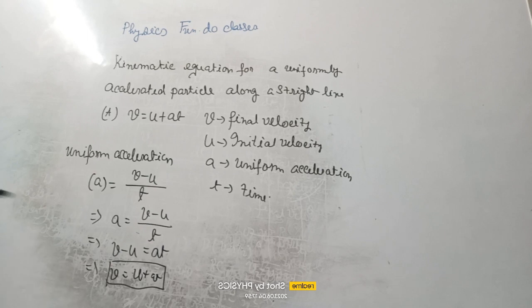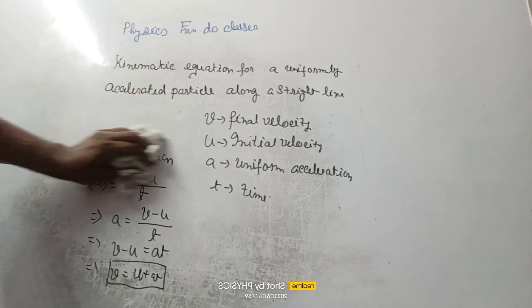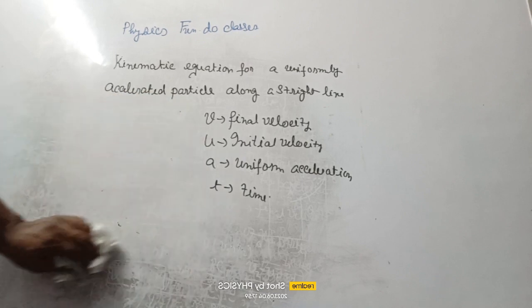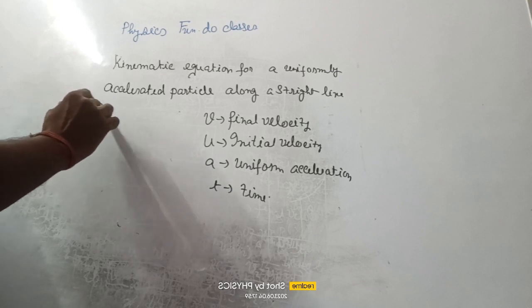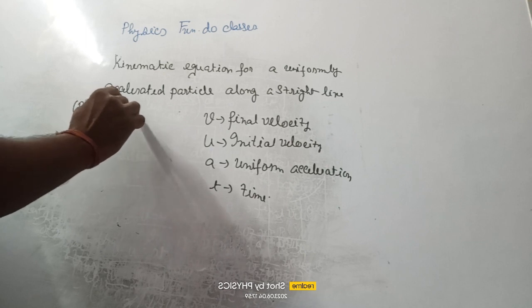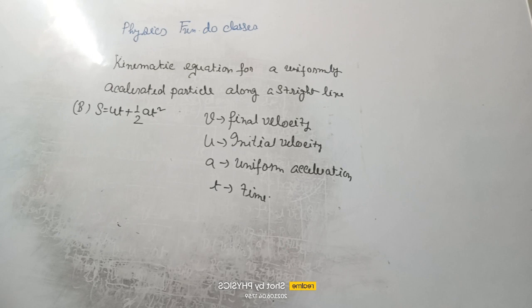Now let's move to the next equation, B equation. S equals ut plus half a t square.